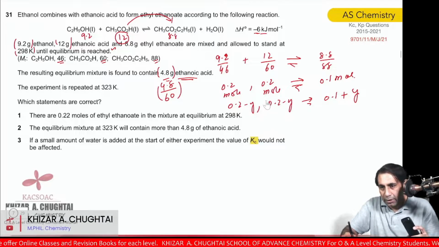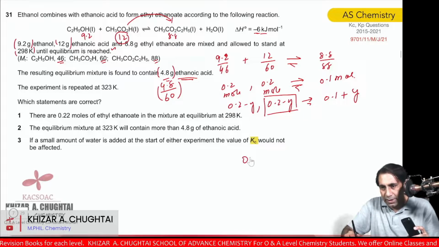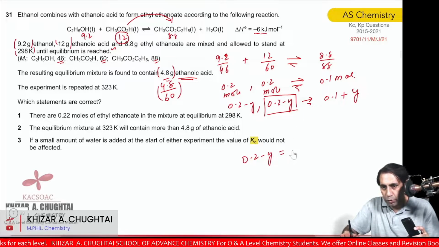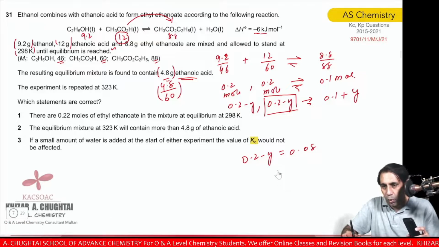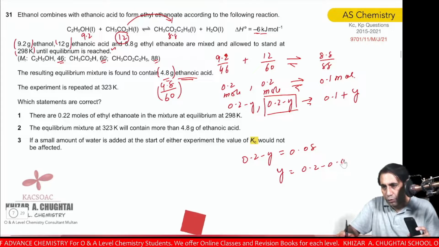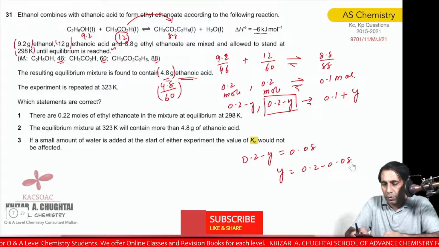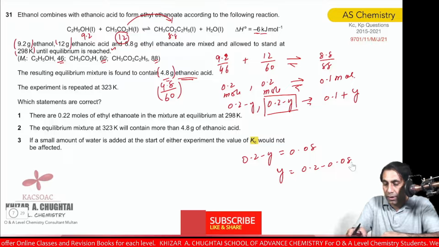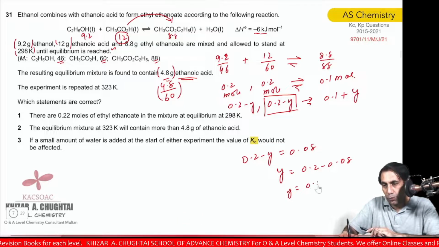So it means that 0.2 minus y is equal to 0.08, and you can say that y is equal to 0.2 minus 0.08, and the answer is 0.12. So y is equal to 0.12.